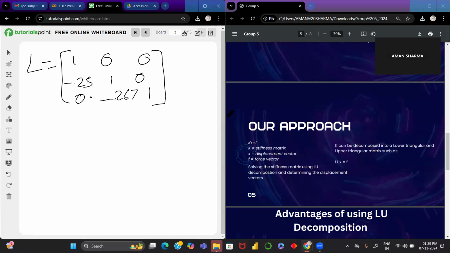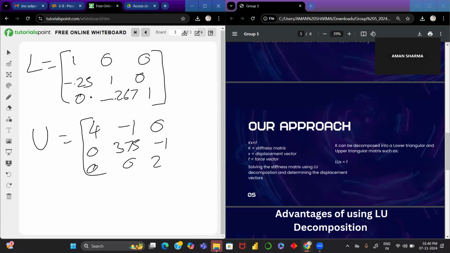And the upper triangular matrix U was 4, minus 1, 0; 0, 3.75, minus 1; 0, 0, 2.73. So these are the two matrices, and we need to find y.